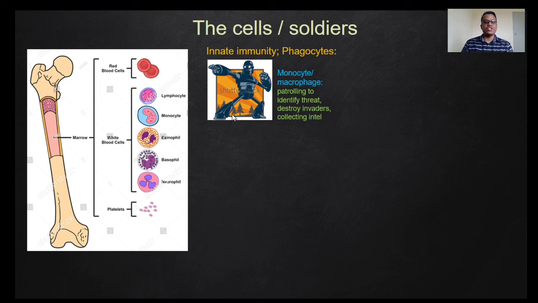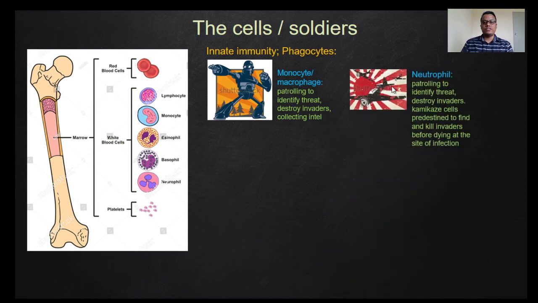Like a giant robot, they roam around our body looking for danger and eat and engulf the invaders. Then they bring the information to the adaptive immunity for further action.